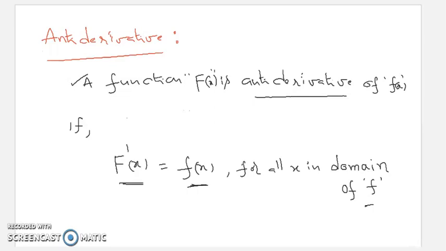The notation, the integral sign, is used to represent all antiderivatives of the function, or indefinite integral.